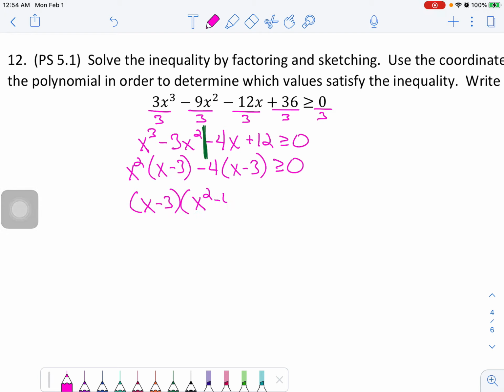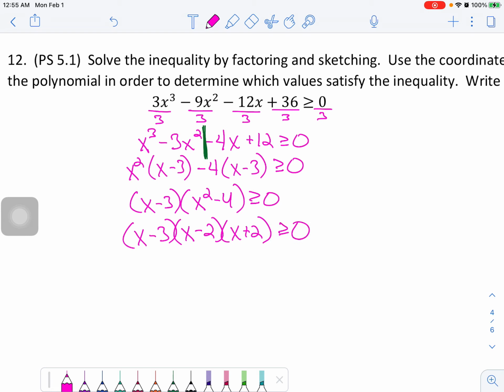This is factor by grouping, and then x squared minus 4. But it's factor by grouping up to this point, and now I'm going to factor this little piece a little bit more. X squared minus 4 is further factorable as the difference of squares. So x minus 2, x plus 2, the order that you write your factors will not matter.